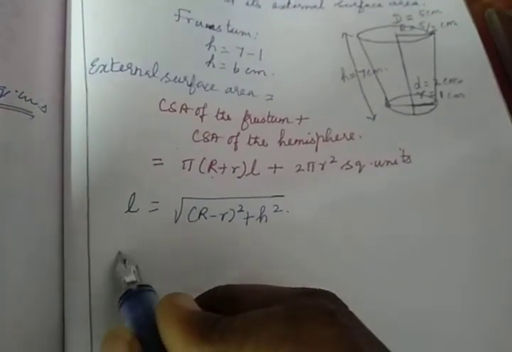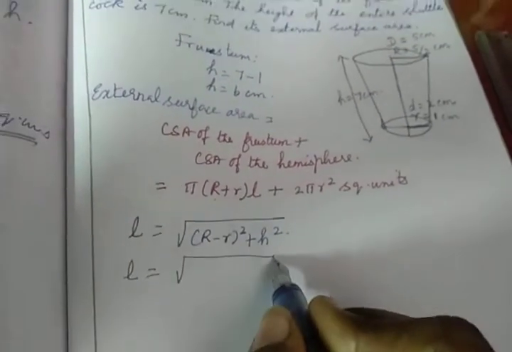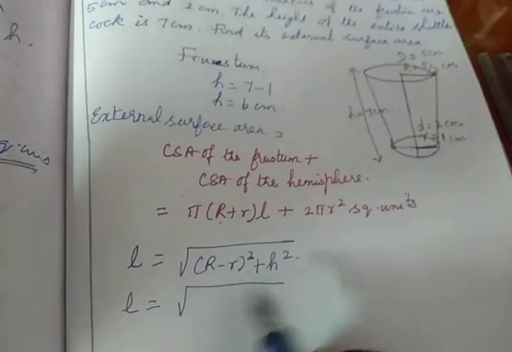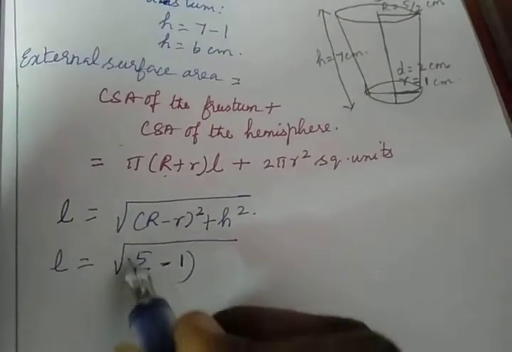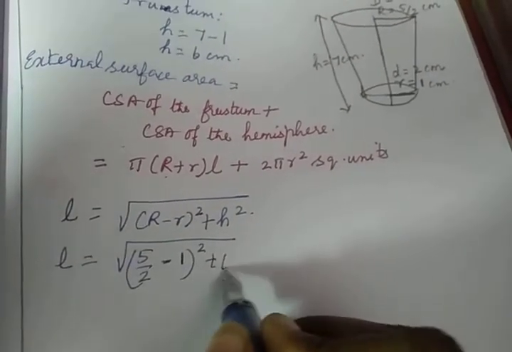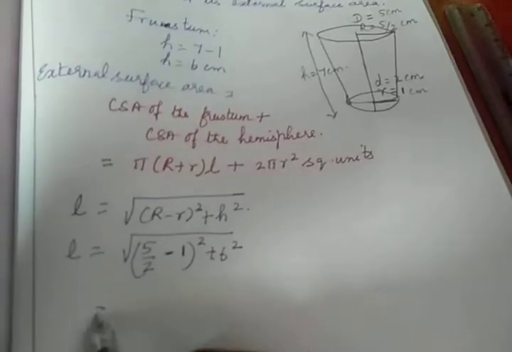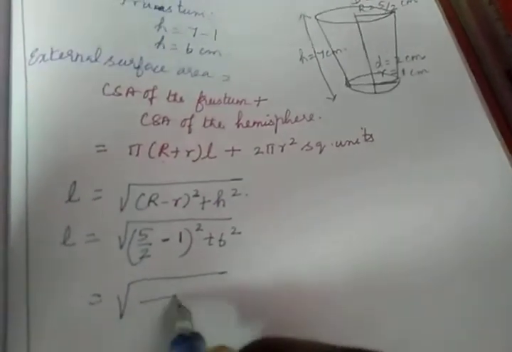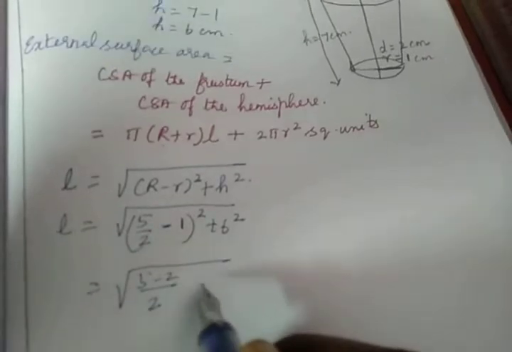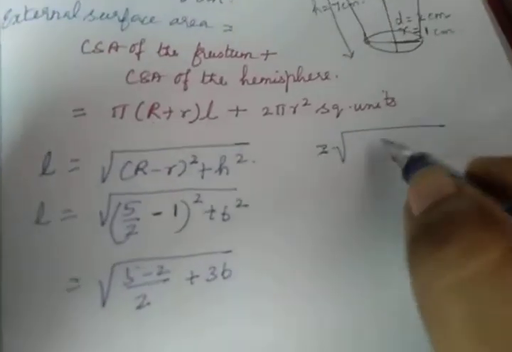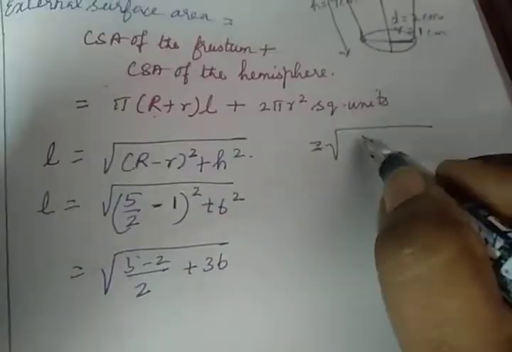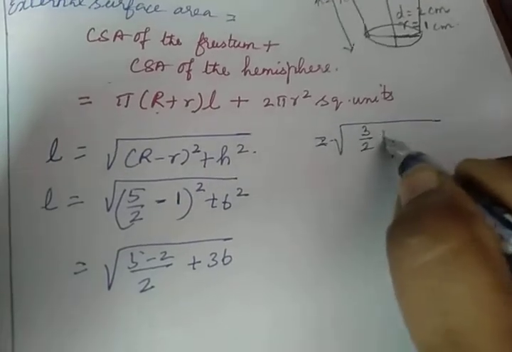So now let me substitute and find out what is L. Root of capital R minus small r: capital R is 5 by 2, minus small r is 1, the whole squared, plus 6 squared, which is h squared. Take LCM, 2 will be your LCM. 5 minus 2 is 3, 3 divided by 2, plus 36.